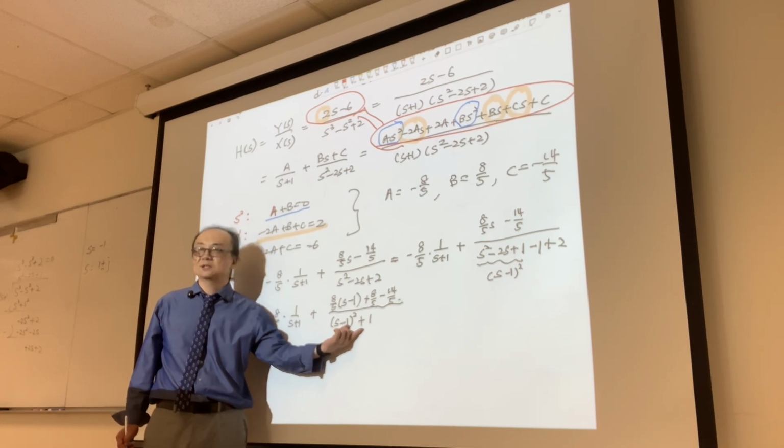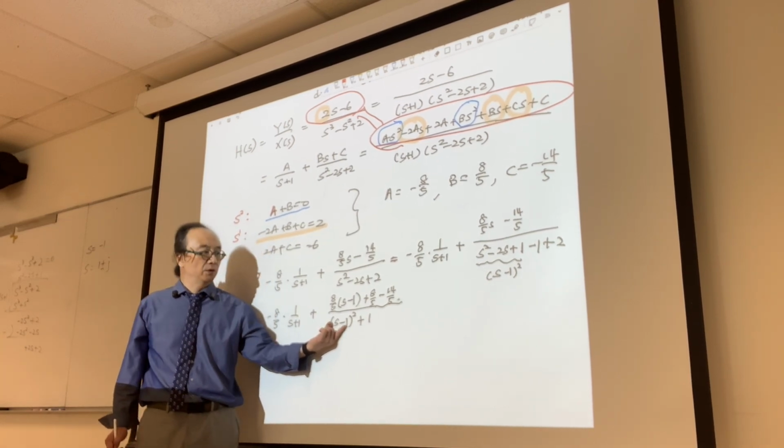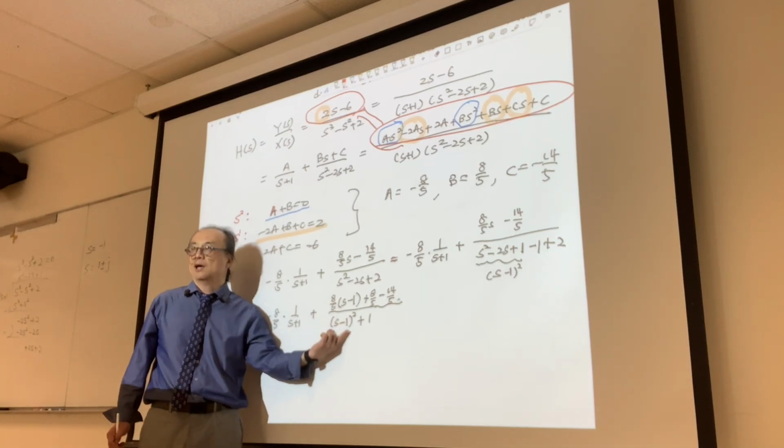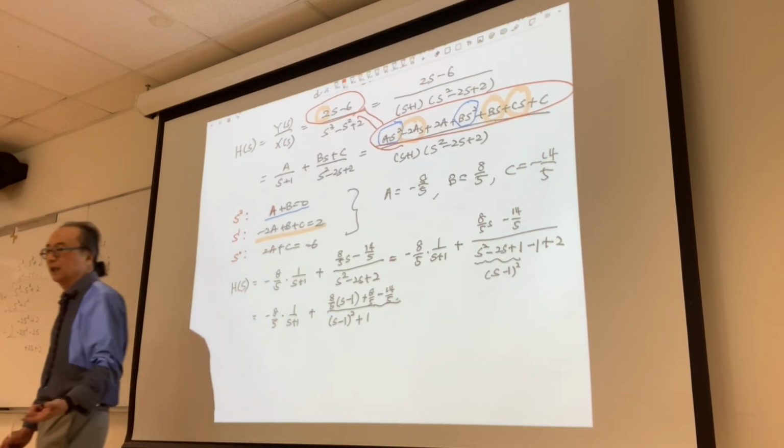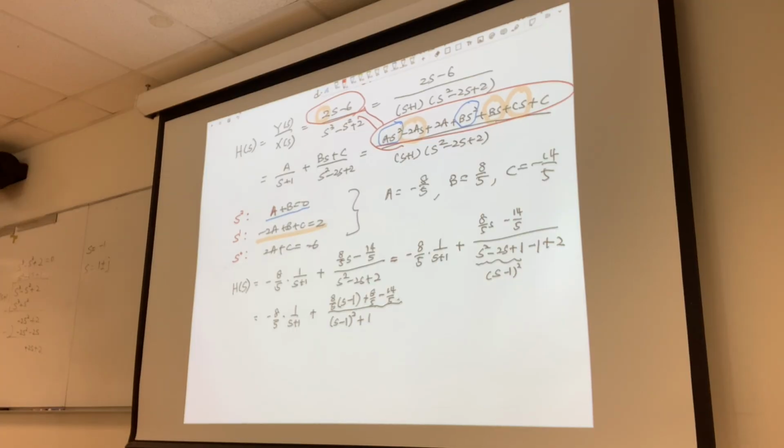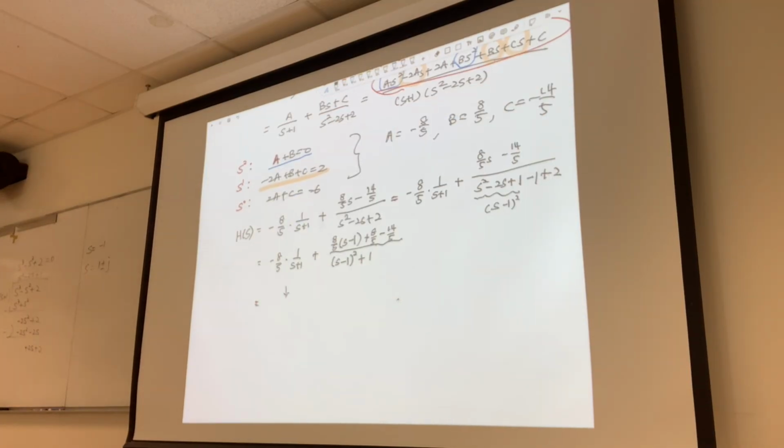It's exactly the same thing as in case 3, where we have a cosine, we have to have s minus 1 in the numerator, and then s minus 1 squared plus 1 in the denominator. This portion is the same, and then plus 8 over 5 times s minus 1, and then minus 6 over 5 over s minus 1 squared plus 1.